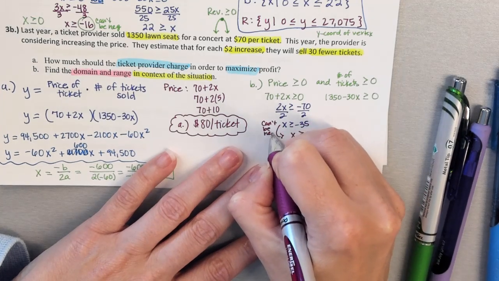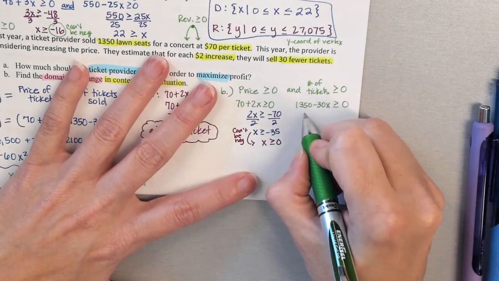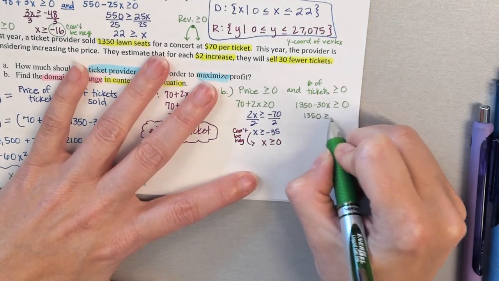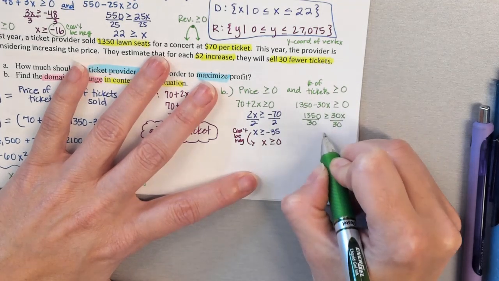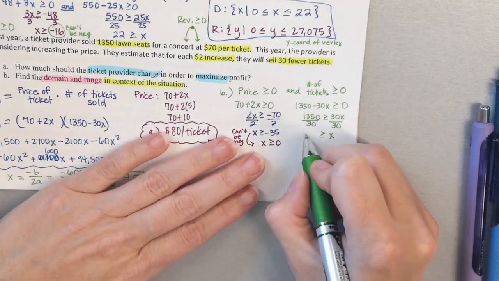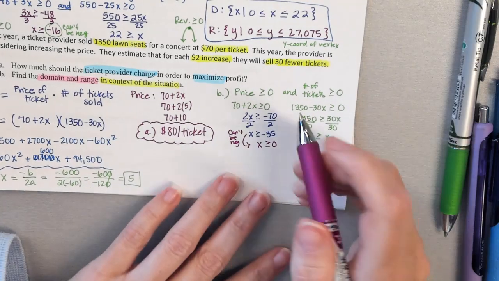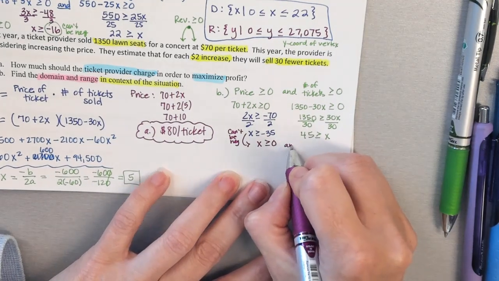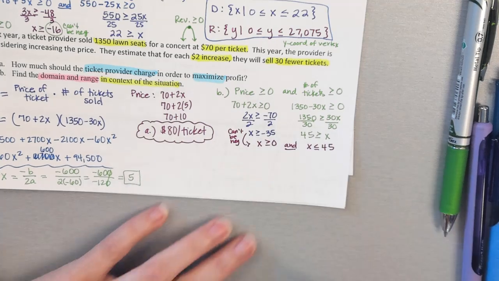So if it can't be negative, you just adjust it to greater than or equal to 0. Okay, and then for this one, we got 45 is greater than or equal to x. Okay, so what has to happen is x has to be greater than or equal to 0 and x has to be less than or equal to 45.